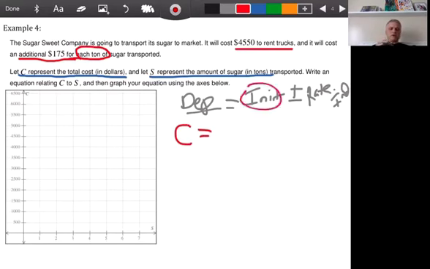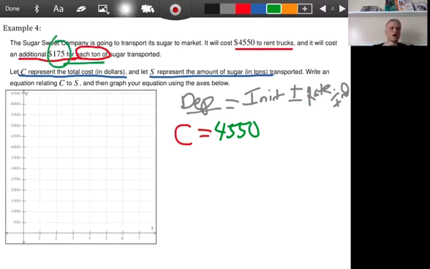Now, my initial amount, okay, the initial cost is $4,550. So 4550. Now, plus or minus the rate of change. Okay, what's it going to change by? Well, it's going to change by $175 for every ton.